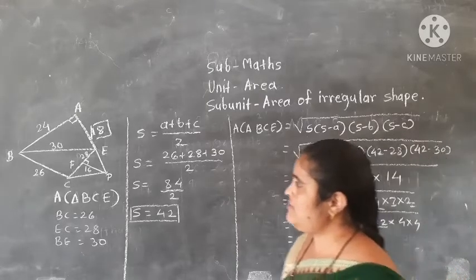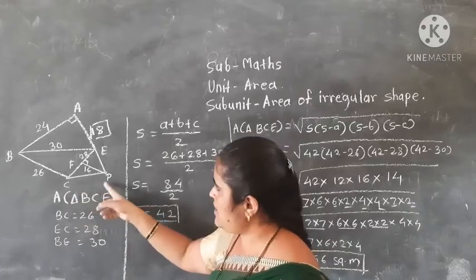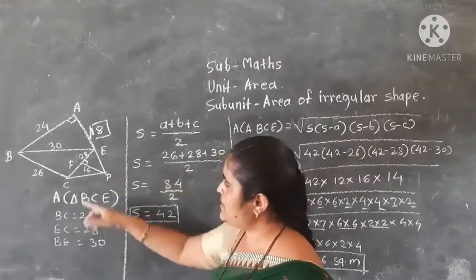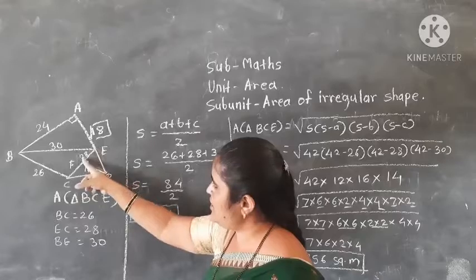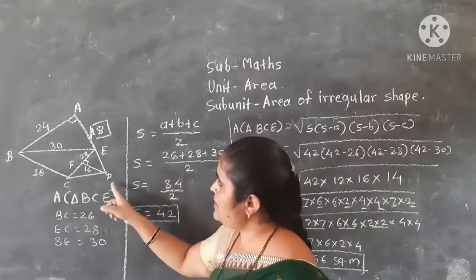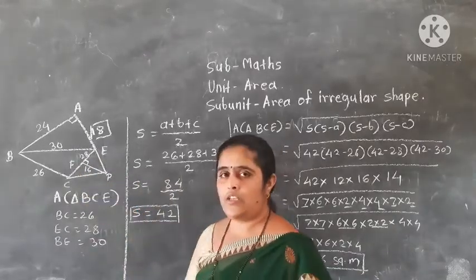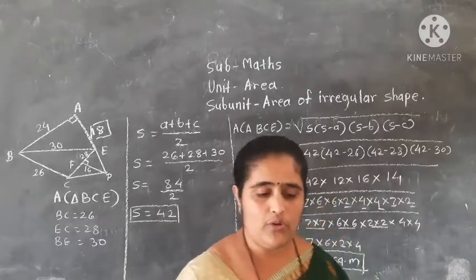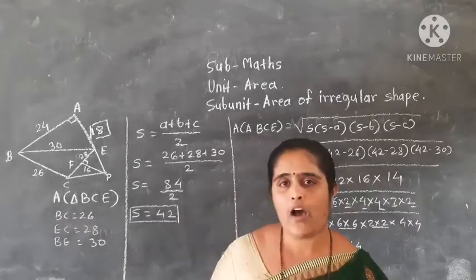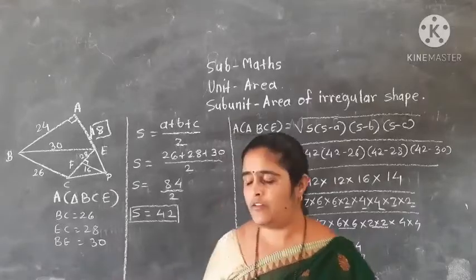Okay, one triangle remains, that is triangle CDE. In that, the base is given, CE is 28, and height FD is equal to 16 centimeter. So we have to use the formula 1/2 into base into height.